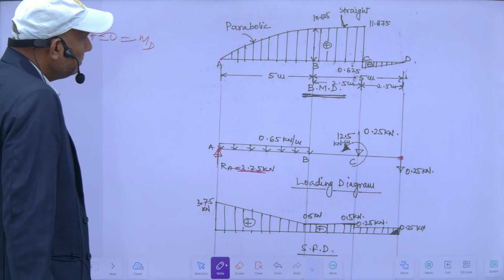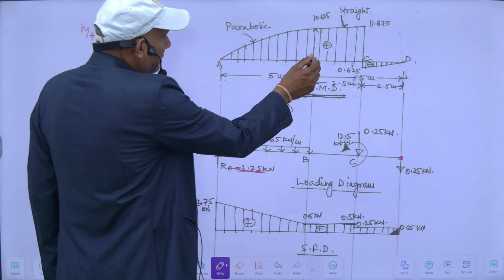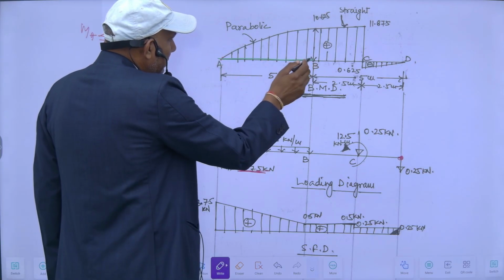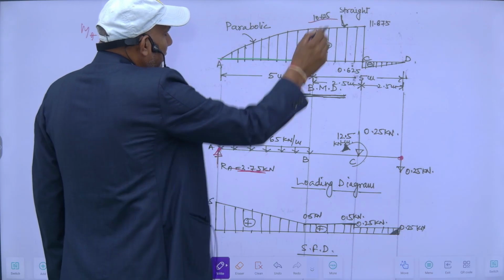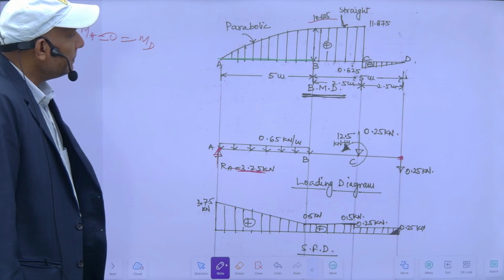And at this point B, which is 5 meters from A, my bending moment is plus 10.625 kilonewton meter.